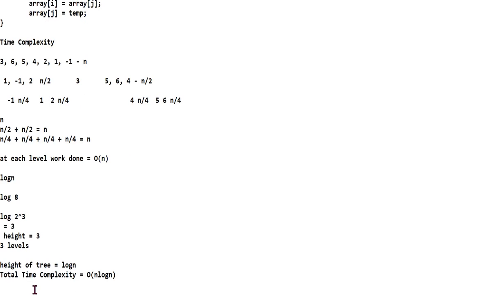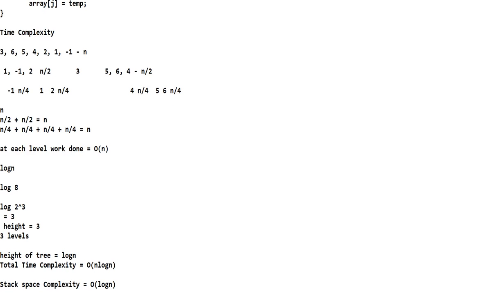So there will be a stack space complexity, which will be the height of the tree, which is log n. There is no additional space complexity, but there is a stack space complexity of log n, which you can ignore in the case of a sorting algorithm.